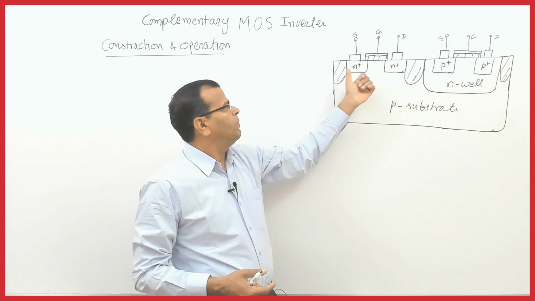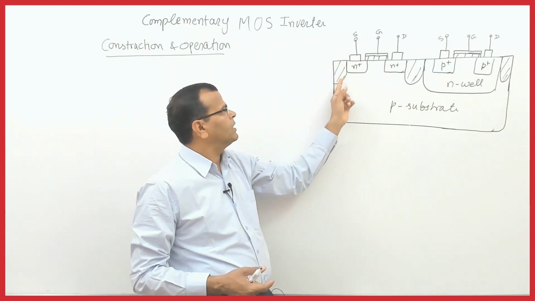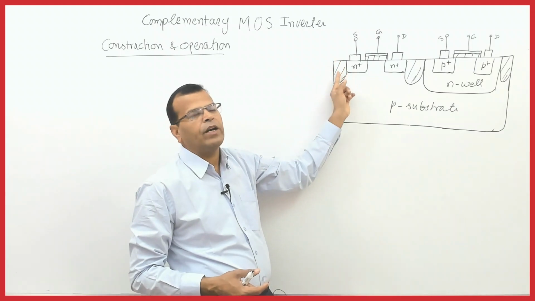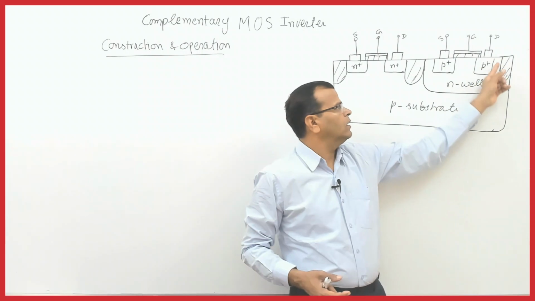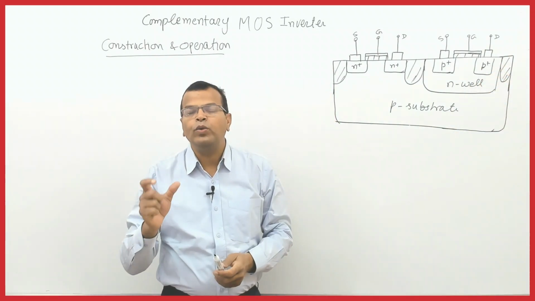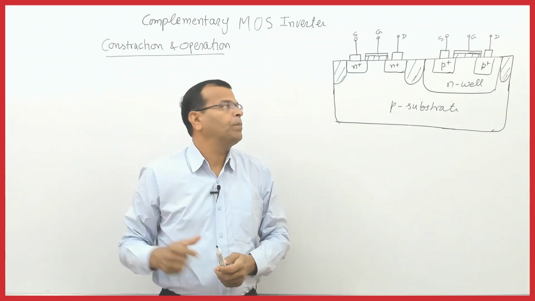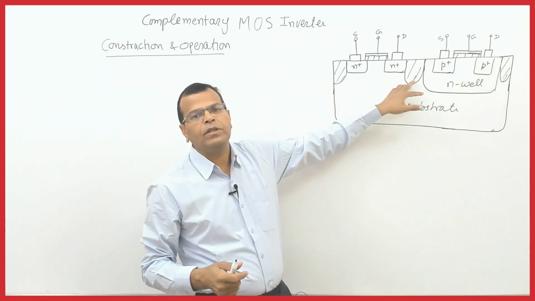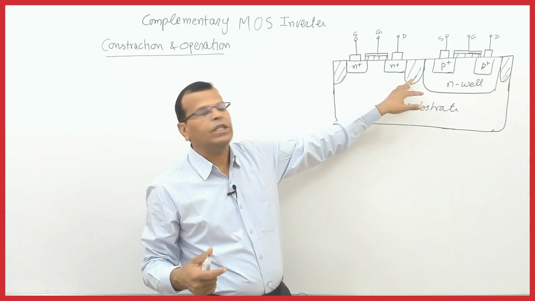If you can see, this area is simply a silicon dioxide layer. This is also a silicon dioxide layer, and this is also a silicon dioxide layer. These layers are used to separate the different MOSFETs on the same chip. They are sometimes called insulating layers or insulation islands.